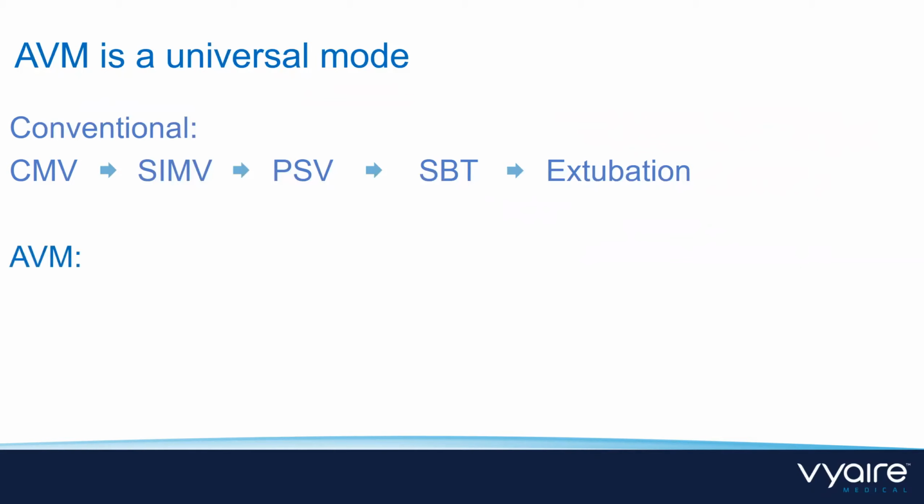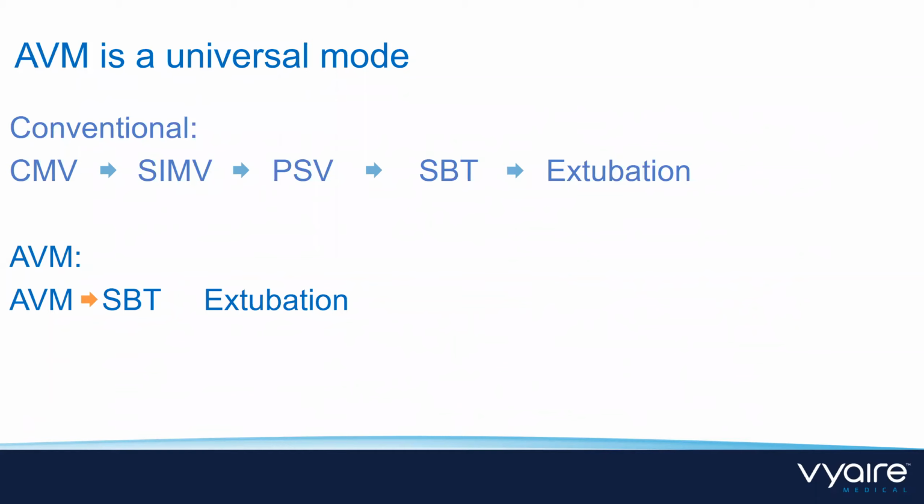In comparison, with AVM we just have AVM and the patient is able to breathe spontaneously. If he's not stable enough, he will be ventilated automatically, mandatory again, and always with the highest goal to have a stable minute volume. And at some point you decide to do a spontaneous breathing trial and then do the extubation.